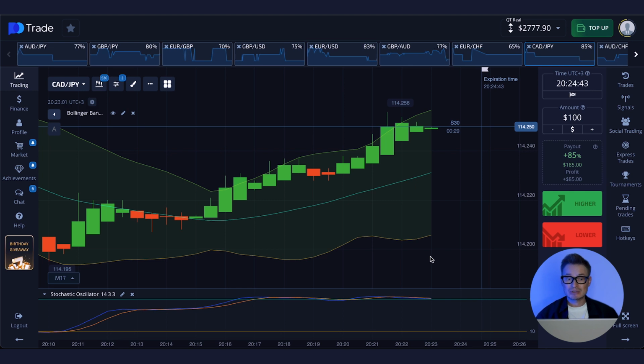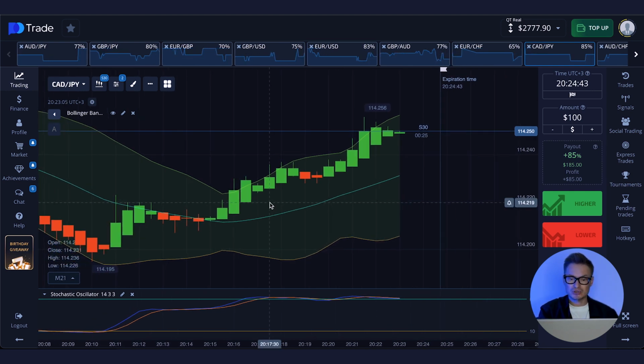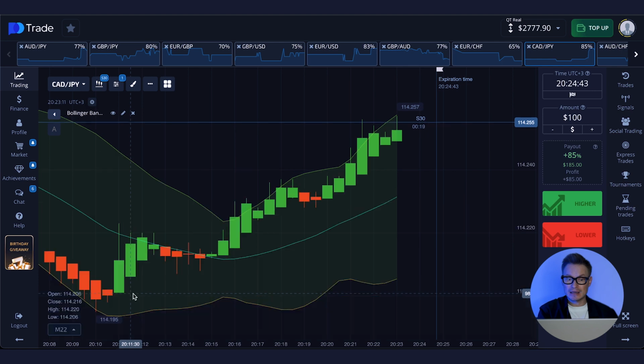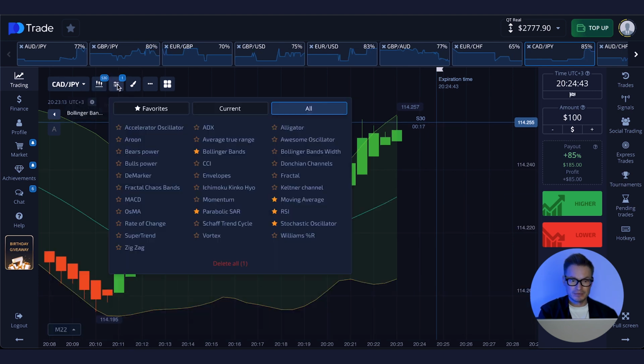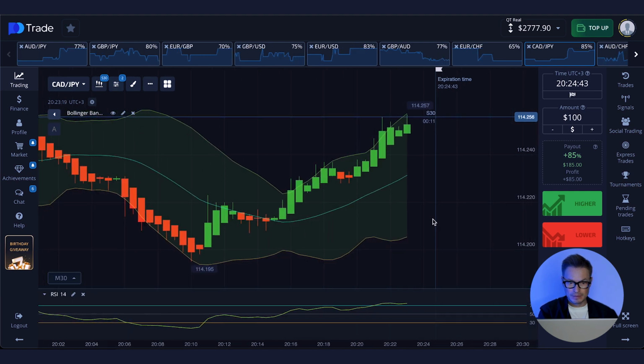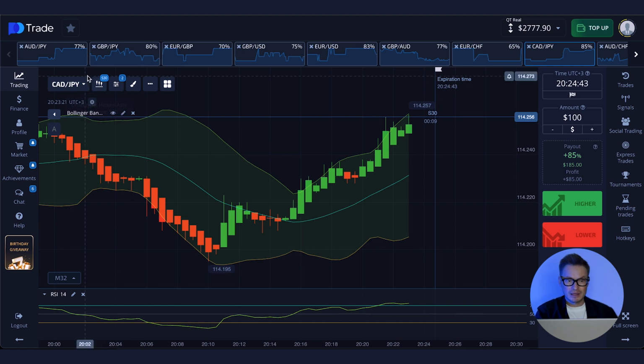Now let's make some deals with you using the Bollinger Bands indicator. Okay, traders, let's start the trading session. I will use the Bollinger Bands indicator and the RSI indicator. Okay, let's start.